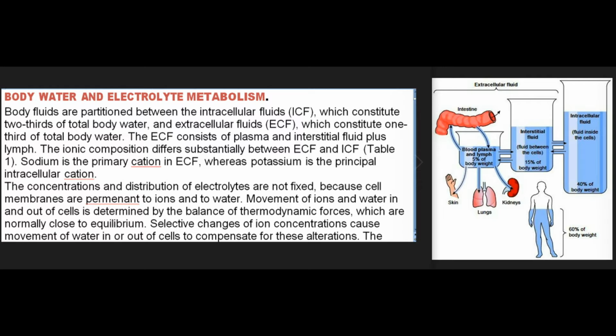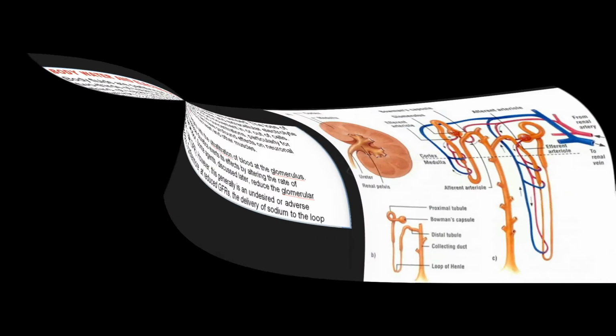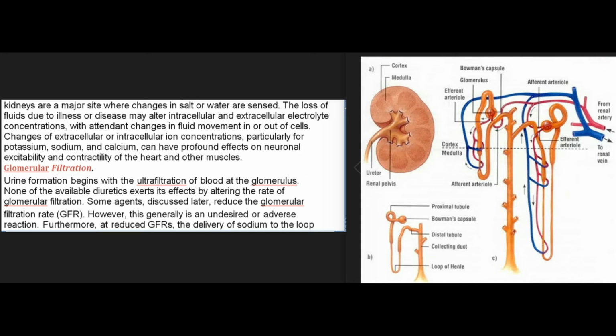Movement of ions and water in and out of cells is determined by the balance of thermodynamic forces, which are normally close to equilibrium. Selective changes of ion concentrations cause movement of water in or out of cells to compensate for these alterations. The kidneys are a major site where changes in salt or water are sensed.